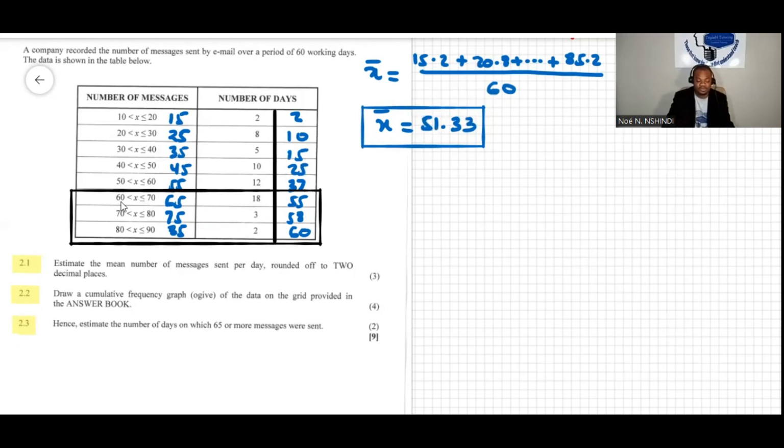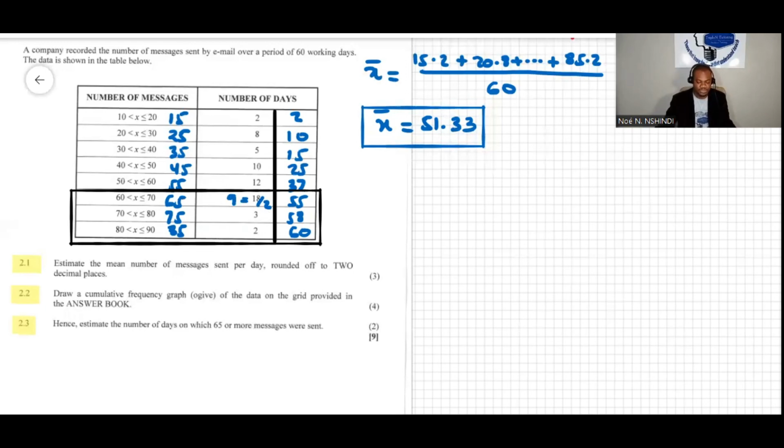But look here, this also takes values less than 65. So over here we can divide that by 2. We can divide 18 by 2, because here you can take values like 61, 62, 63, which are less than 65. Now 65 starts from only half of this class. So I divide here by 2. 18 divided by 2 is just 9.